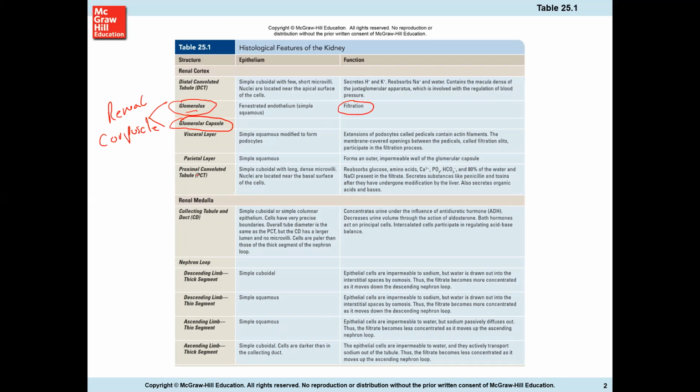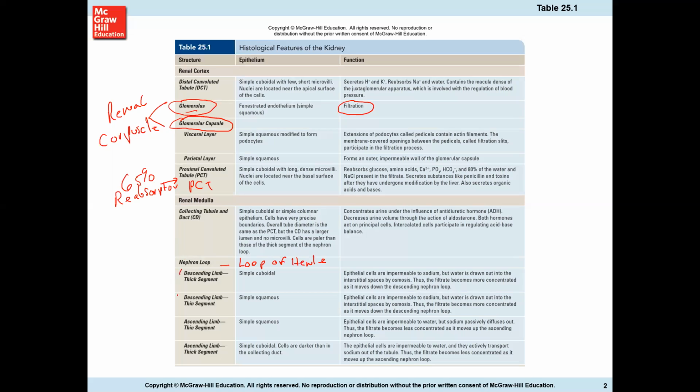Then the proximal convoluted tubule, or PCT, and this is where I would say 65% of the solutes that come out of the filtration will be reabsorbed at the PCT. So that's really important. Then you have the nephron loop, which is also called the loop of Henle. It's also about reabsorption and some secretion.